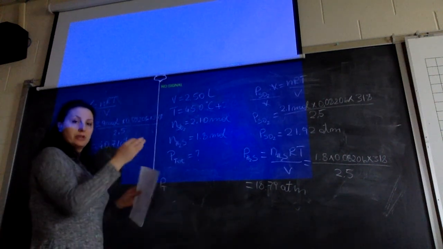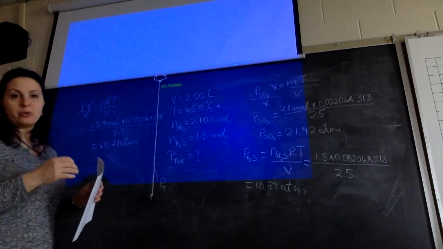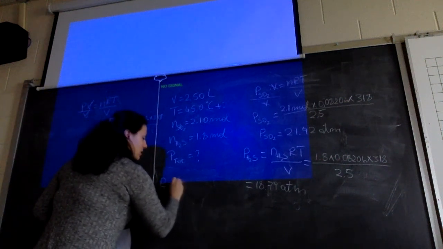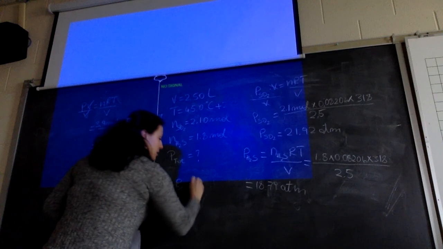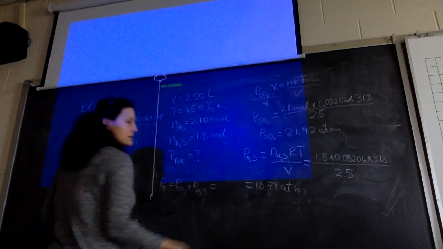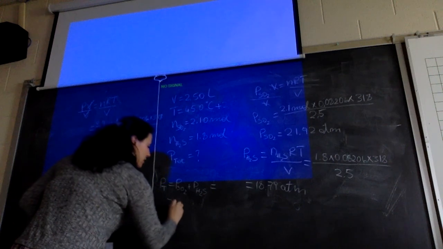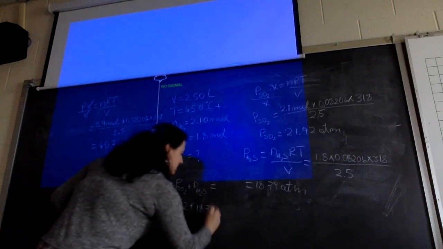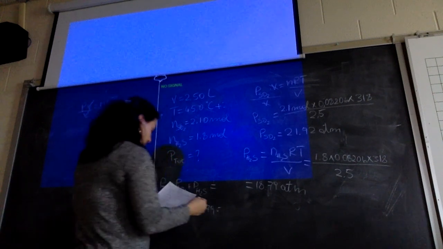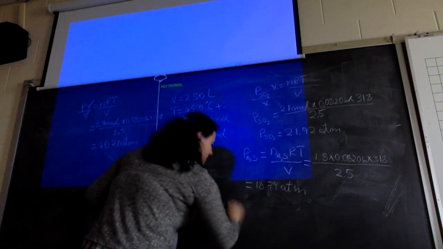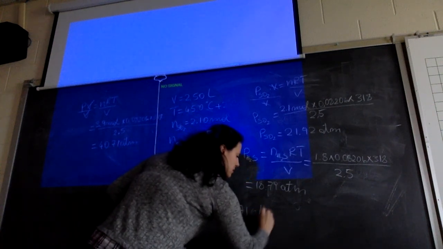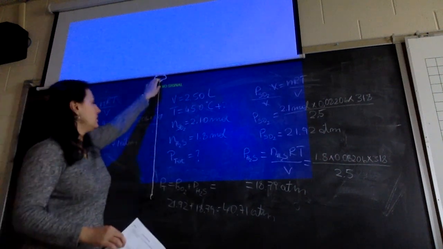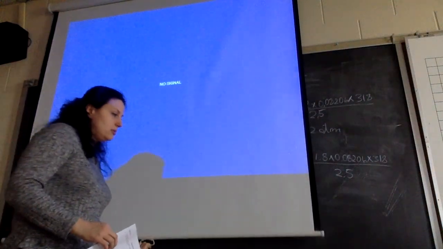So we said total pressure is the pressure of the first gas, by Dalton's law of partial pressures, plus the second, etc. So pressure of SO2 plus pressure of H2S is equal to 21.92 plus 18.79, you get 40.71 atmospheres, which is the same as what I got up here. Okay? So you can choose to do it both ways.